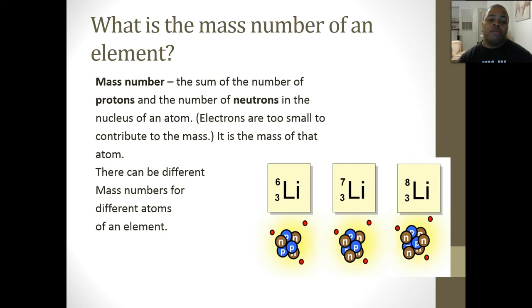The mass number is going to be made up of the sum of the number of protons and the number of neutrons in the atom. So this is actually going to change as we move into what we're talking about in terms of isotopes.